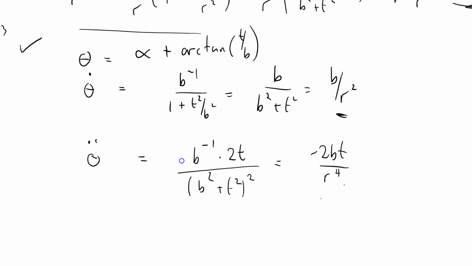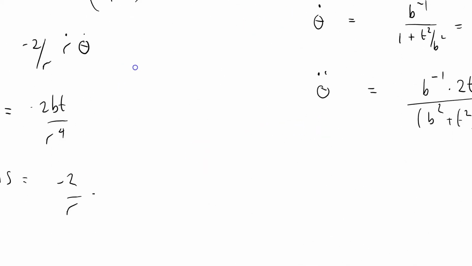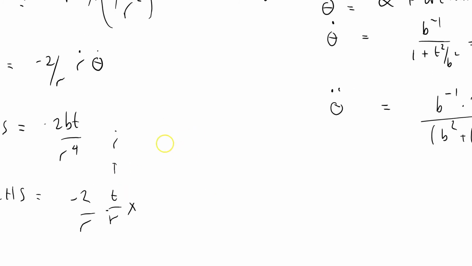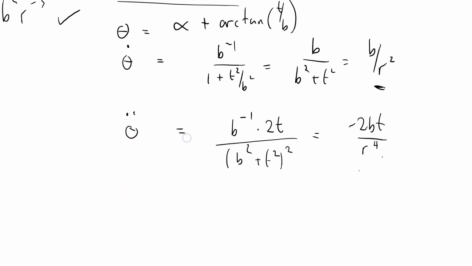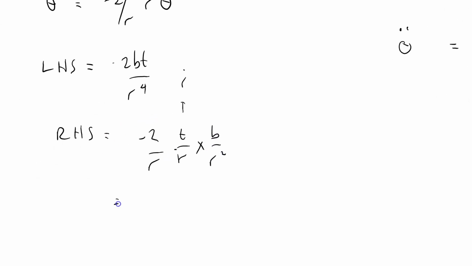What's r dot? r dot is here, that's equal to t over r, times theta dot, which is b over r squared, equals minus 2tb over r to the 4. Check.